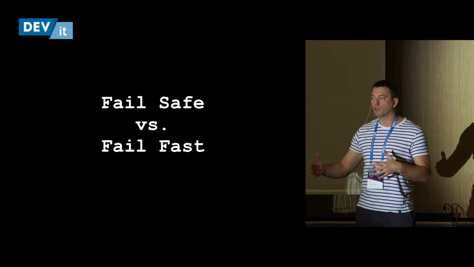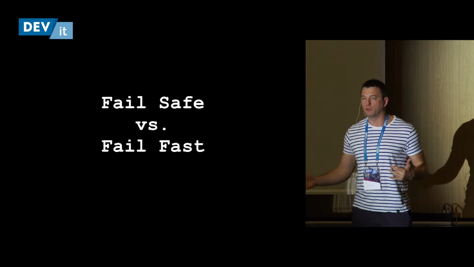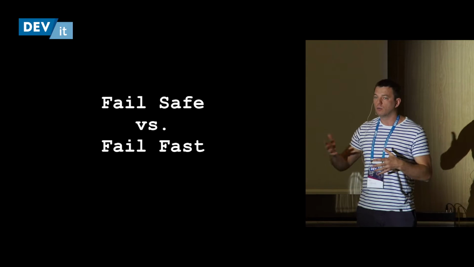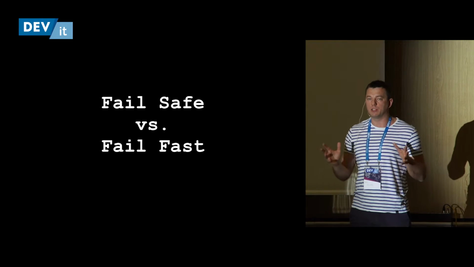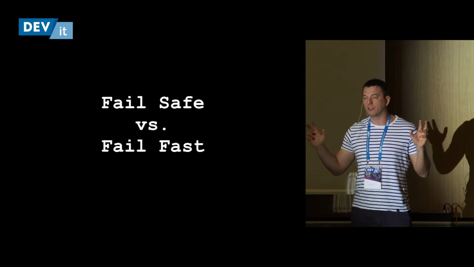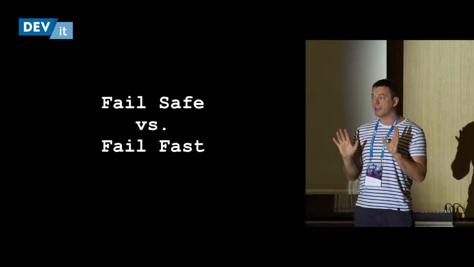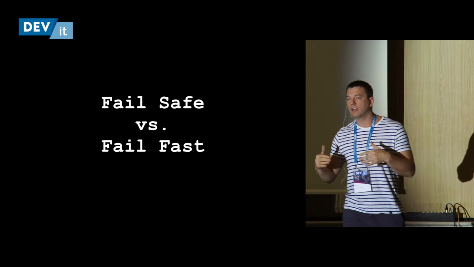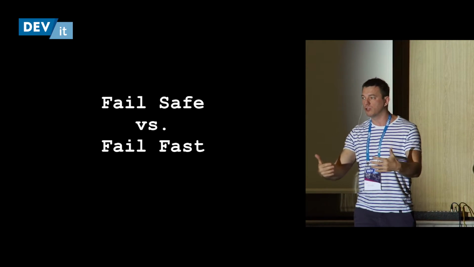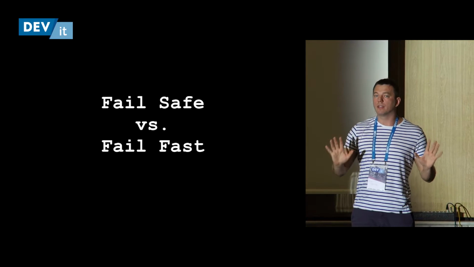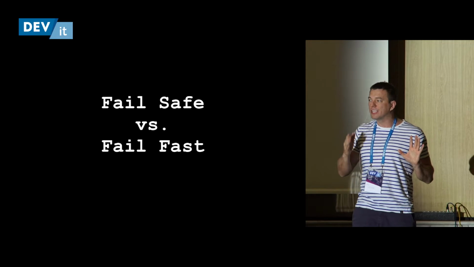So if something goes wrong, for example, let's say the disk is full, we don't have any more space to save the file, then the fail-safe approach will try to do something and, for example, keep the data in memory, but still continue to work. That's the general conceptual fail-safe approach. So as a software, I try never to fail. I try never to show to my customers, to my users, that something went wrong. I'm trying to do all I can in order to save the situation and continue the execution.